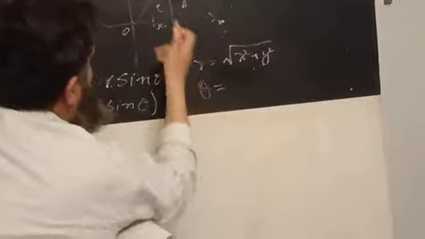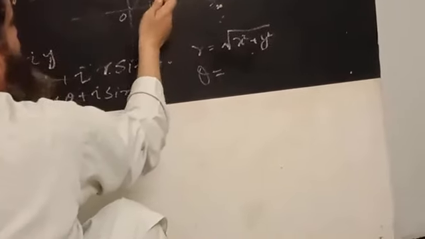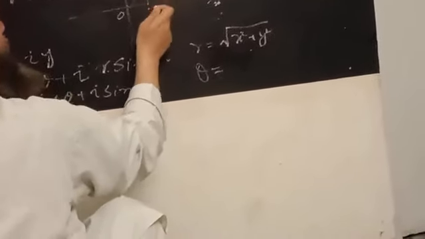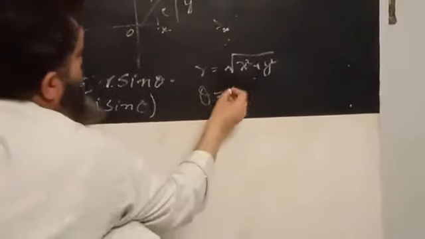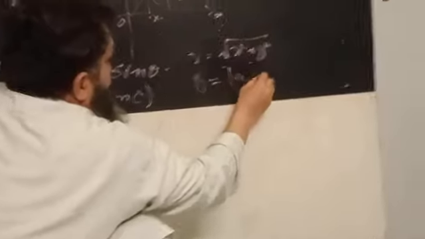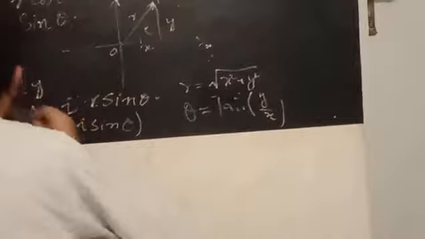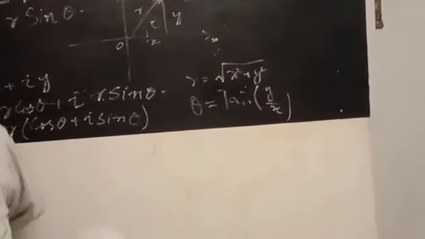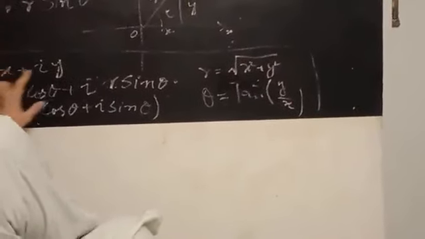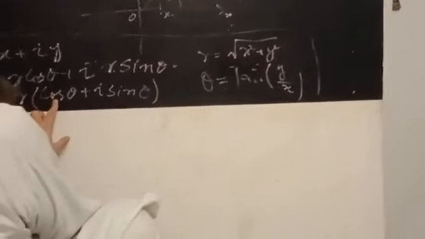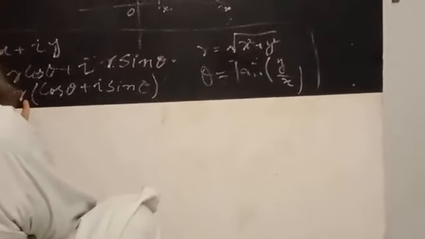From this triangle, tan theta is equal to perpendicular over base. So perpendicular is y, base is x, tan theta is equal to y over x. So theta is equal to tangent inverse of y over x. So these are the equations or the relation by which we can change the complex number in the Cartesian coordinates into complex number in the polar coordinate system, and vice versa.